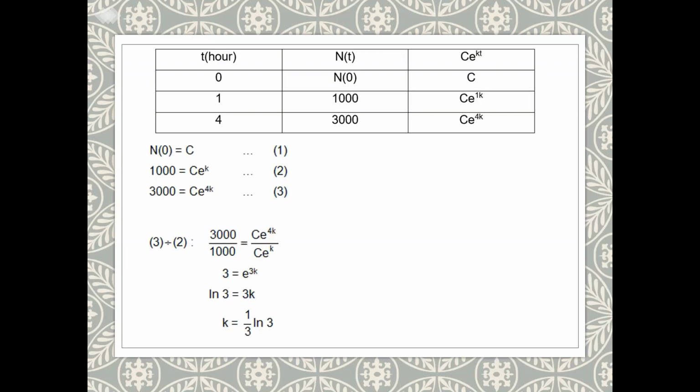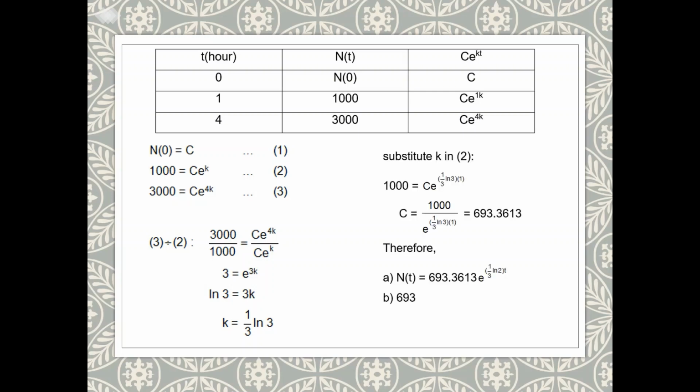From the table, you will get N0 equal to C, 1000 equal to C e to the power of k, and 3000 equal to C e to the power of 4k. By solving equations 2 and 3 and simplifying, you should get k equal to 1 over 3 ln 3, which is a positive value. Substitute the k value into the second equation and simplify.